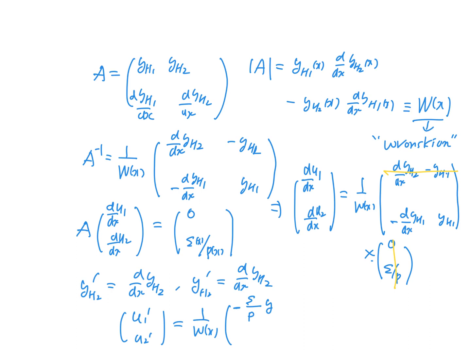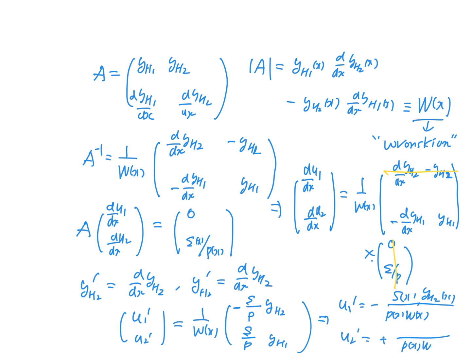This is 2, right? So yh2, and bottom is p over s yh1. So u1 prime is actually minus px over wx, sx yh2x. u2 prime is plus px over wx, sx yh1x.